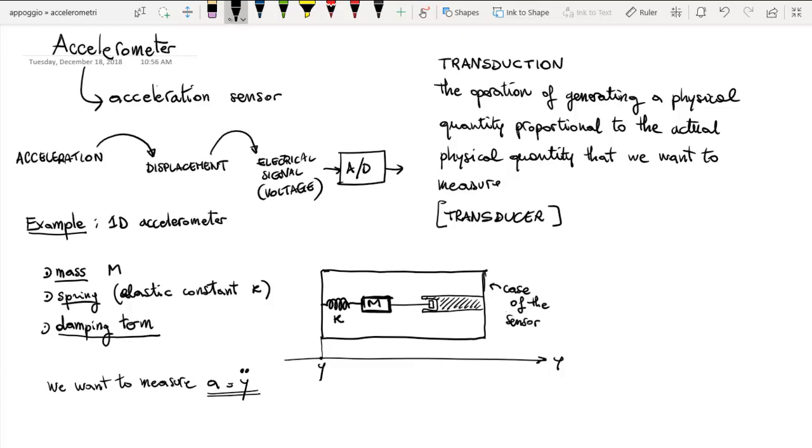You can think of what I have drawn as a simple toy. You have a mass that in principle can oscillate along the y-axis depending on the extension of the spring, and then you have this piston which is damping the oscillation. Okay, this is the basic operation. Let's call this damping term B.